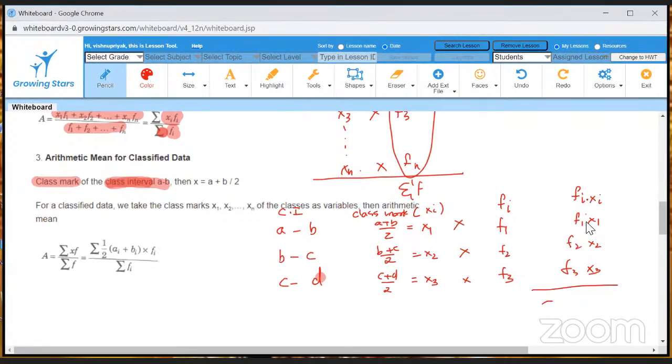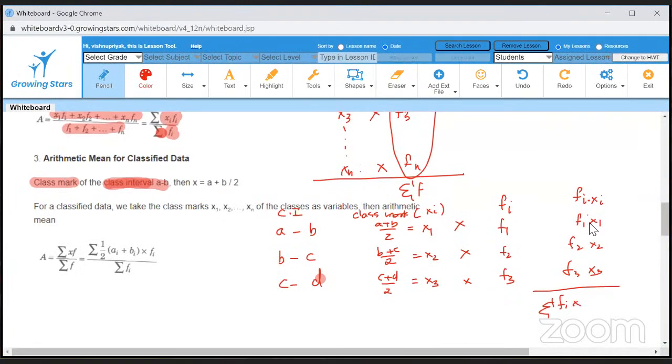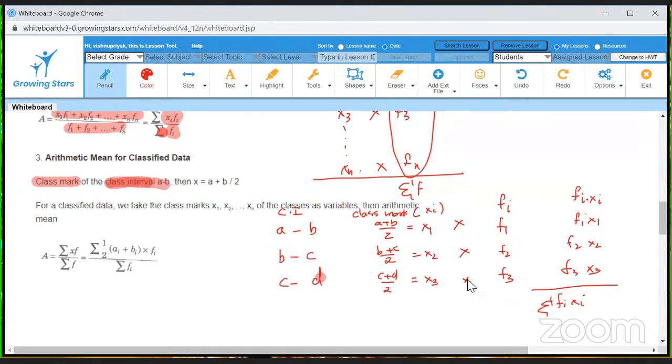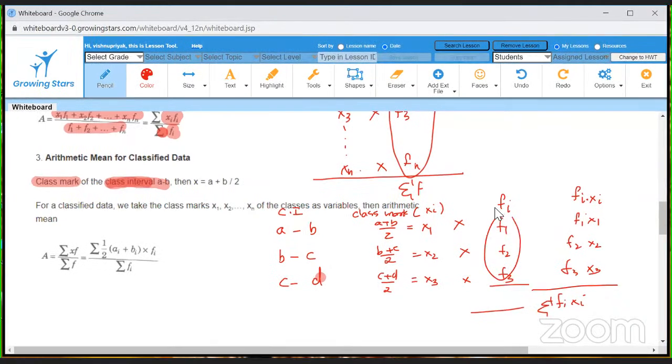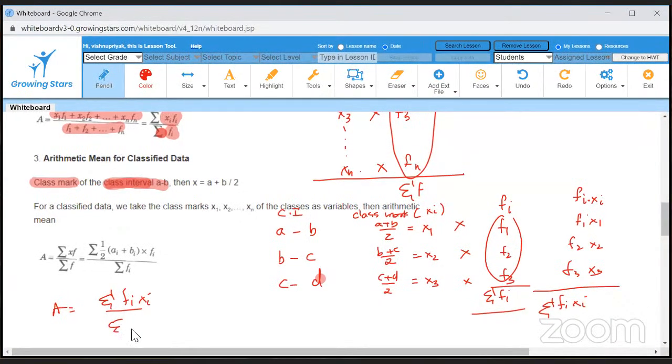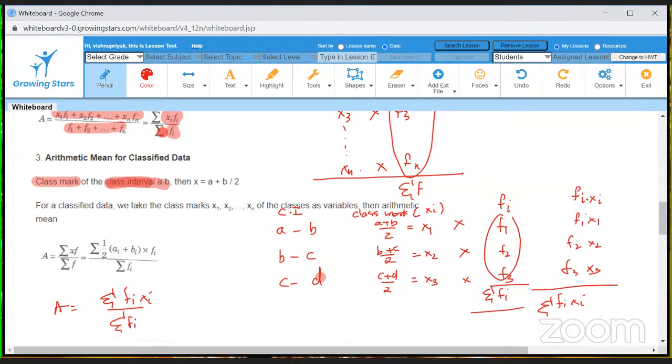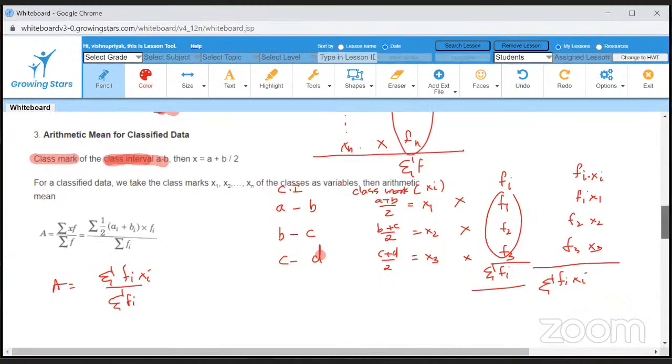Add them all, sigma Fi Xi. Then add up the frequencies also, sigma Fi. Arithmetic mean will be sigma Fi Xi by sigma Fi. So this is another method to get the mean when classes are given.